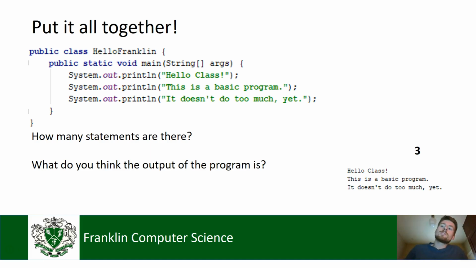That's the output. It's going to say hello class, exclamation mark, and then on a new line it's going to say this is a basic program, period. And then on a new line, it's going to say it doesn't do too much yet. So that's our output. This is what the program produces: 3 lines, one for each of these statements.